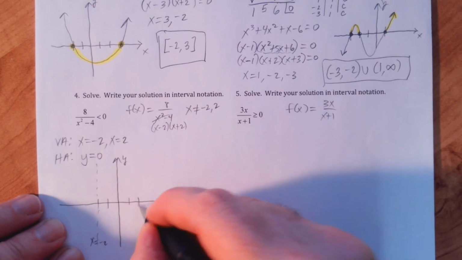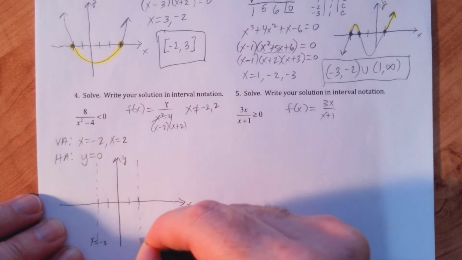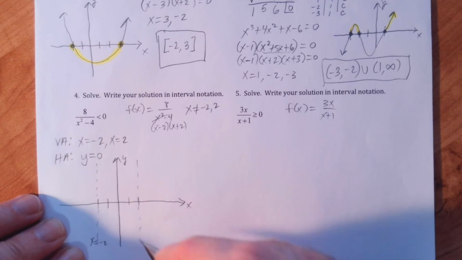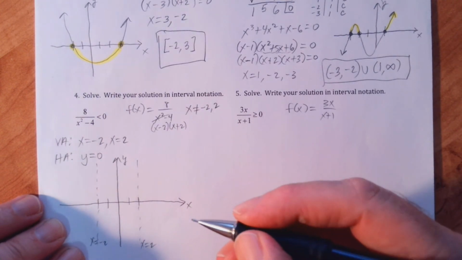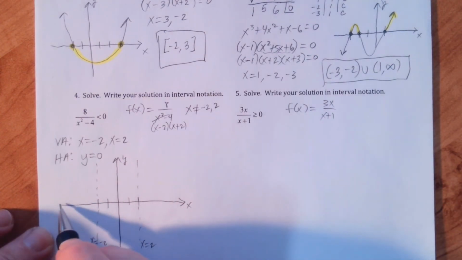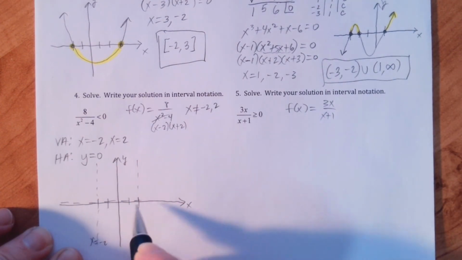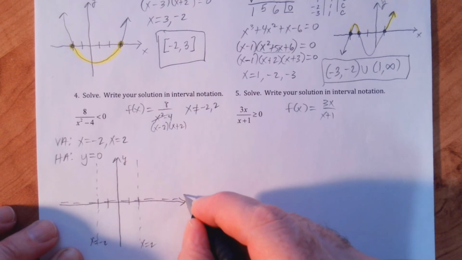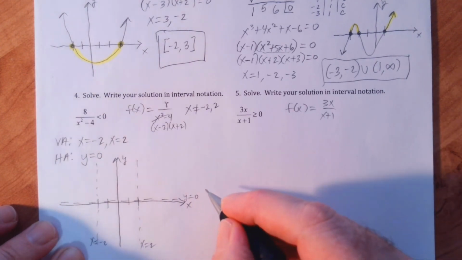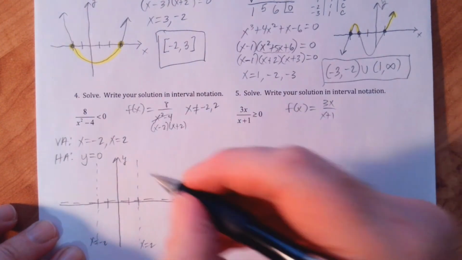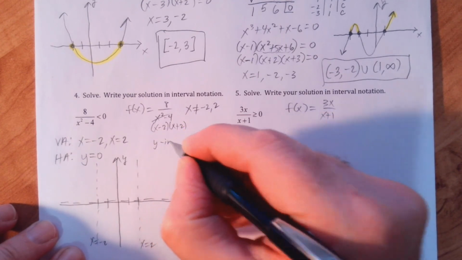And then at x equals 2. And then at y equals 0. We have asymptotes.